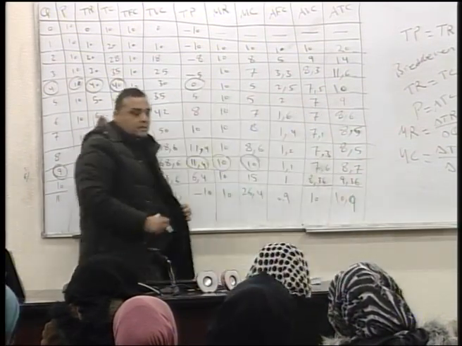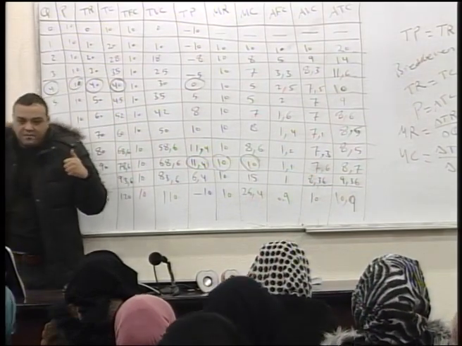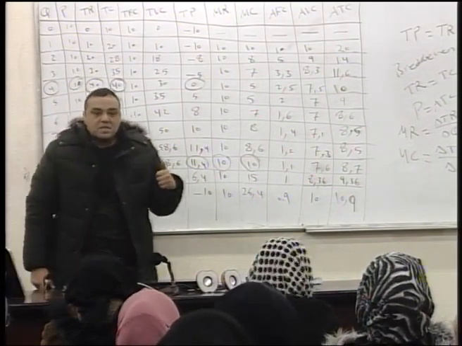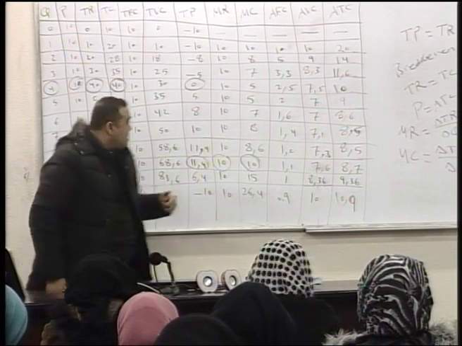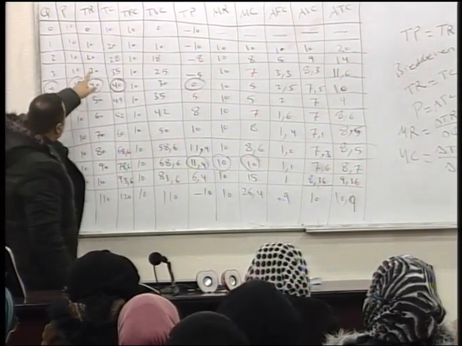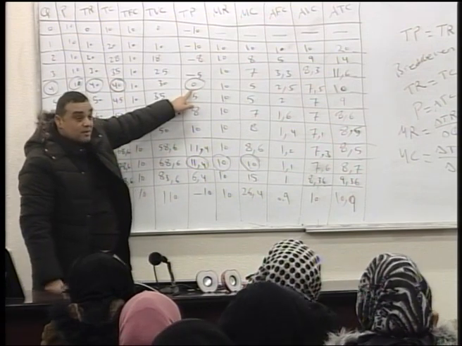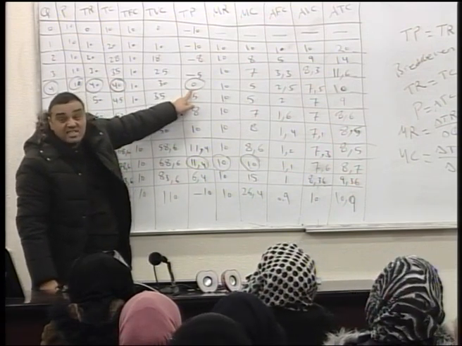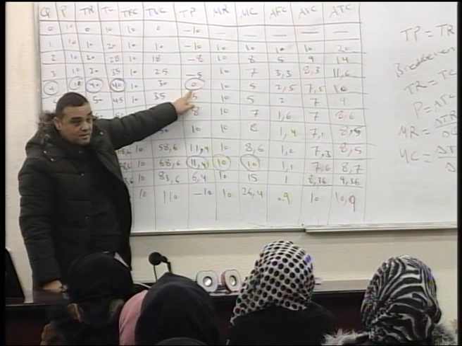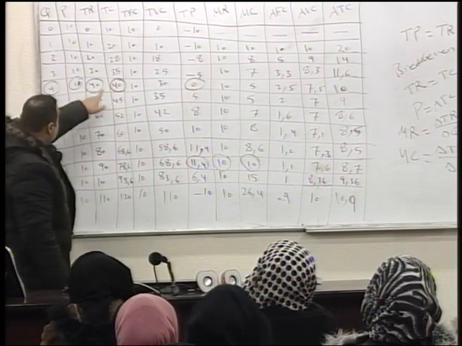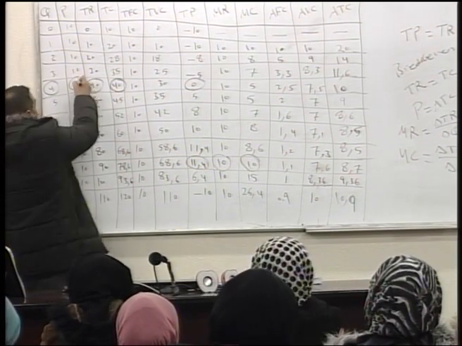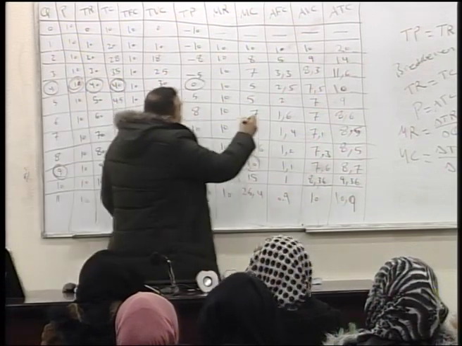What do you see? The break-even point is determined when the total revenue equals total cost, total profit equals 0, and the price equals ATC. Right? Total revenue equals TC, and the price equals ATC.